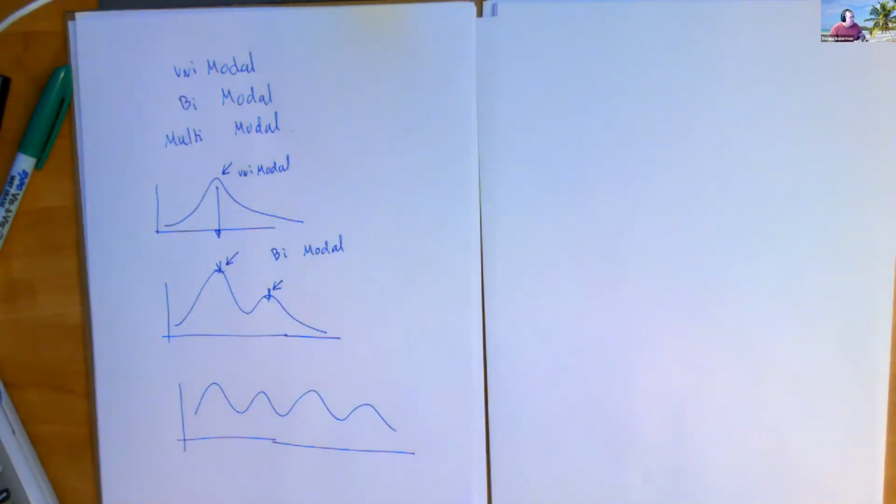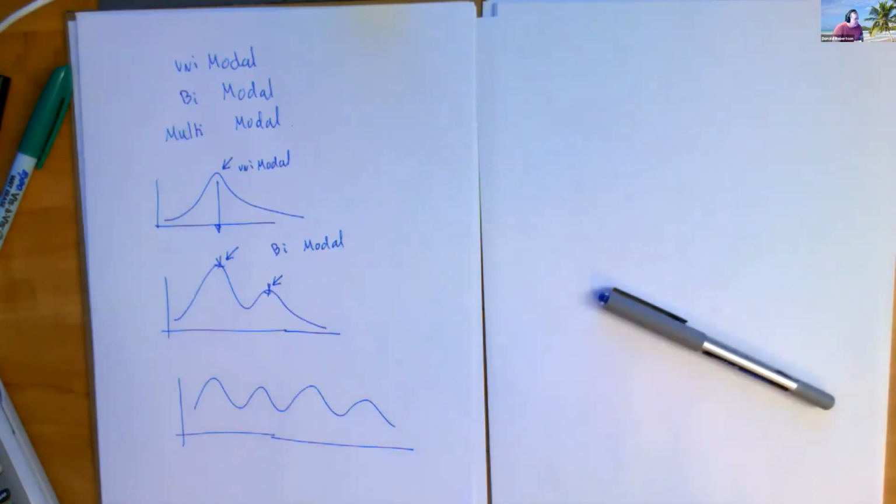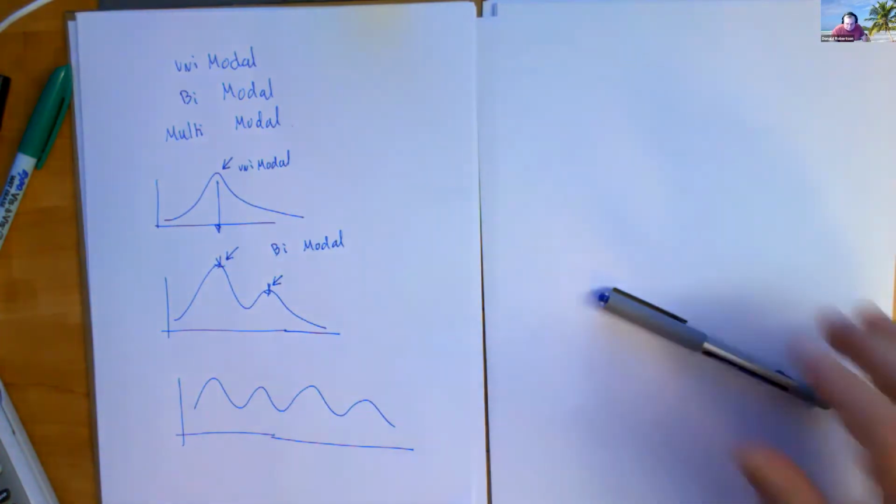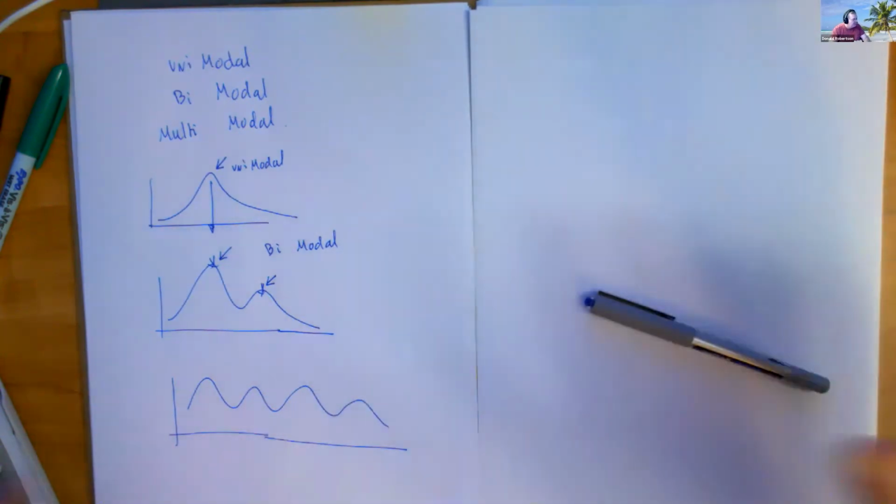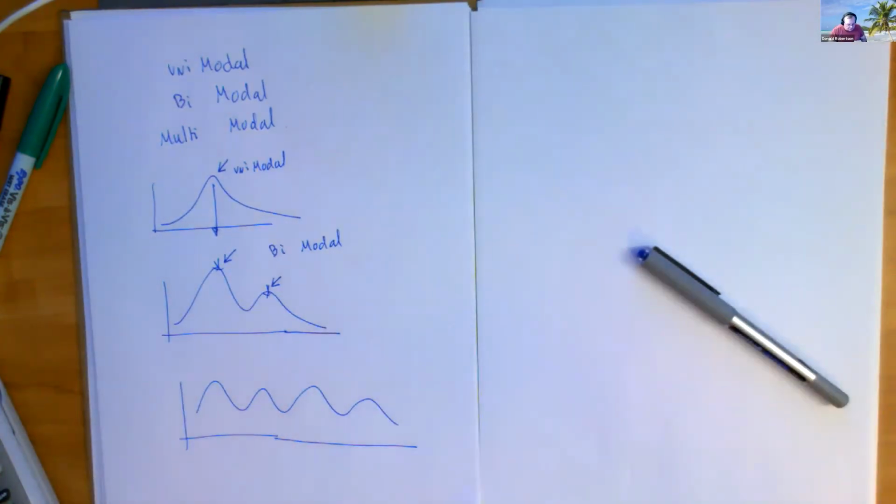Because adult men typically, not all of them, are going to be heavier than a typical adult female. That's just the way the human race is constructed. Men are bigger, taller, heavier, whatever you want to call it. So you might get something like that.